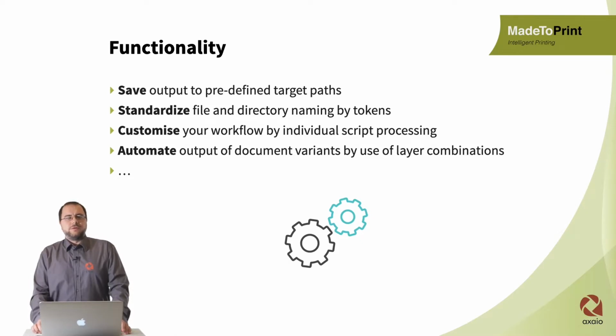Same as that, you can include scripting in your MadeToPrint output workflow, so you can individualize all of your output tasks to a high end. And also, if you're working with layers, you can output different layer combinations to different output variants, and that is also just one click away.